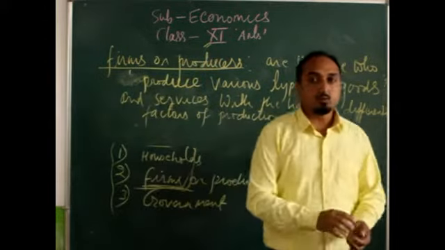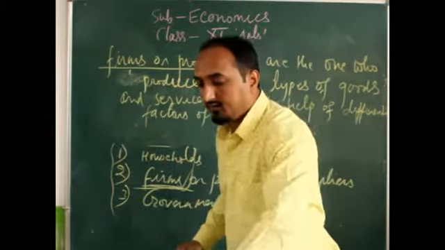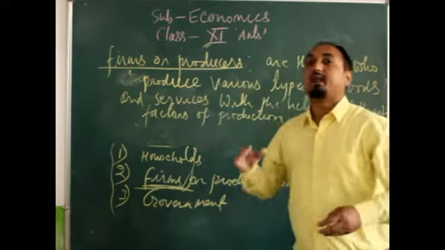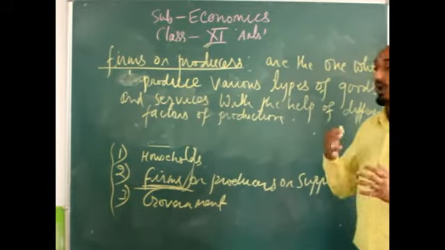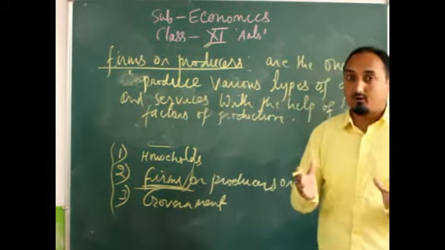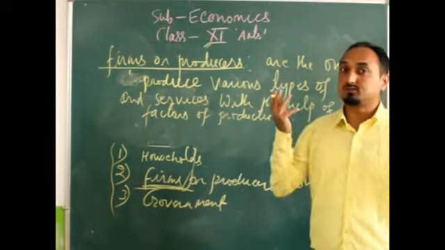So here what the firms are doing, firms are utilizing the various factors of production that are supplied by households. Those factors of production may be land, labor, capital. So that will be utilized by the firm to produce various types of goods and services.